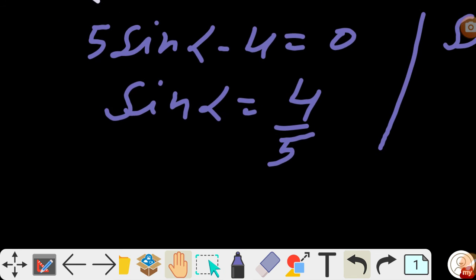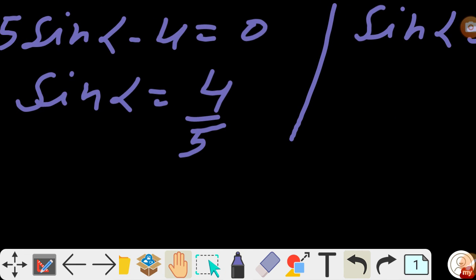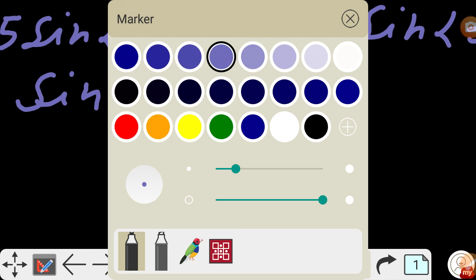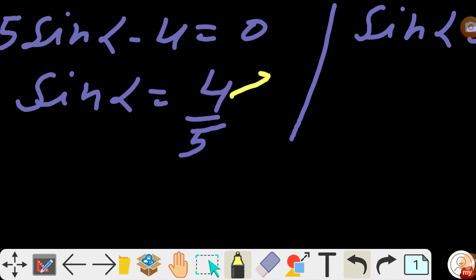So here you can see, we know that sin alpha equal to perpendicular upon hypotenuse. This will become the perpendicular and this one is the hypotenuse.